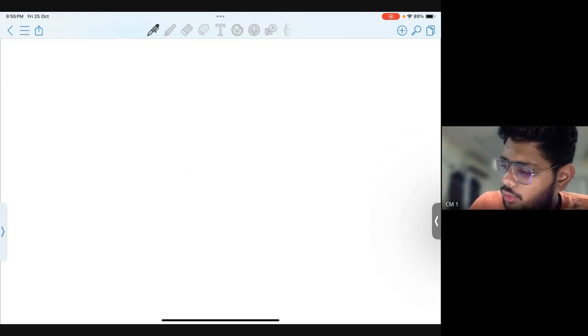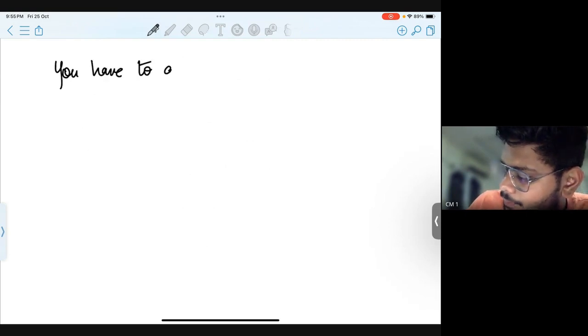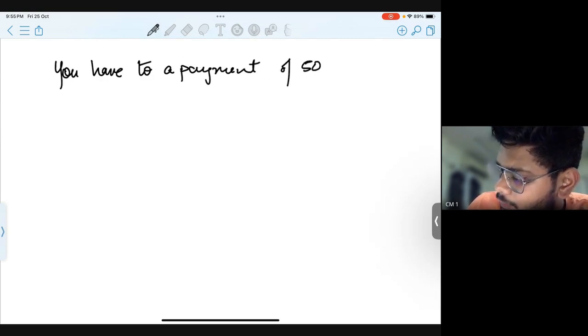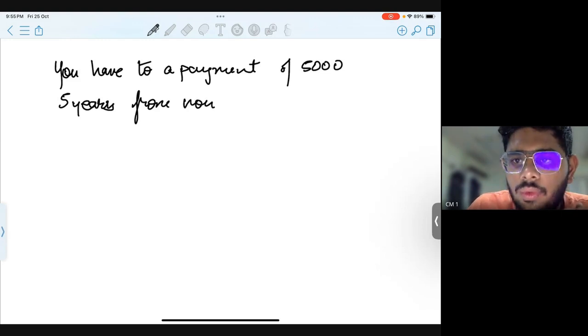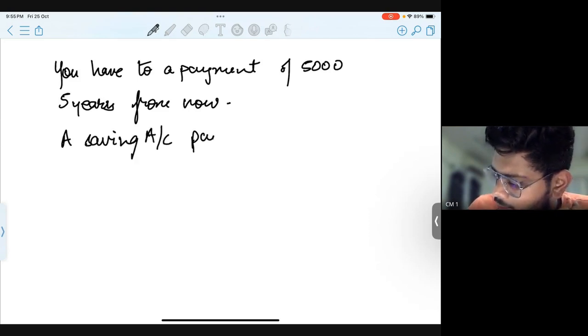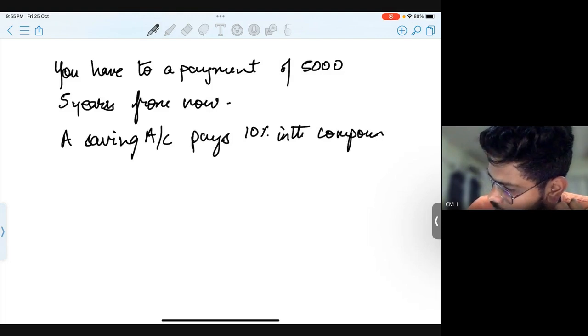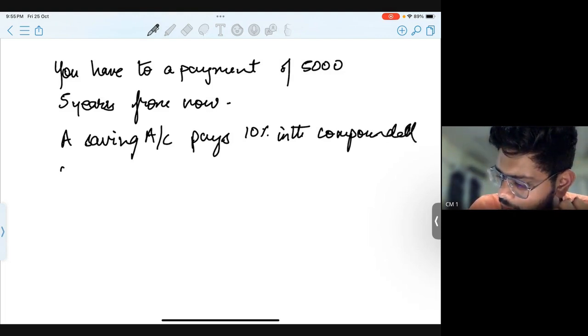So you have to make a payment of 5,000 5 years from now. A saving account pays 10% interest compounded annually.